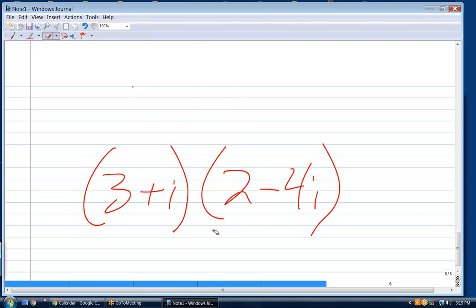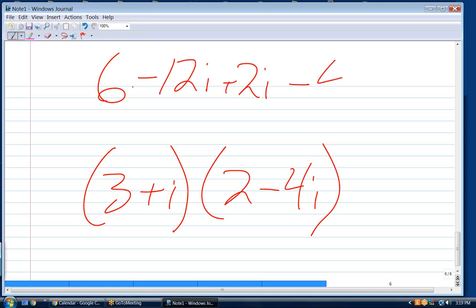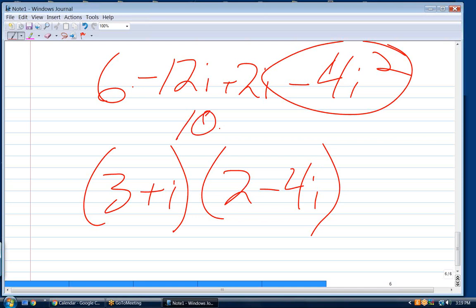Now I can't do anything with the i's, but if I FOIL those two together, I get 6 minus 12i plus 2i minus 4i squared. Well, that's going to turn it real. That's plus 4. So my final answer is 10 minus 10i.